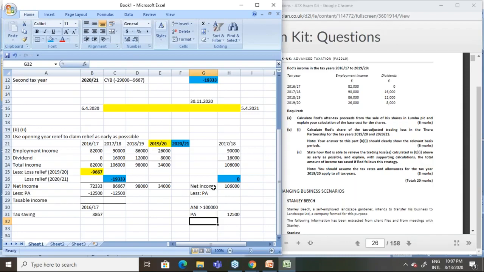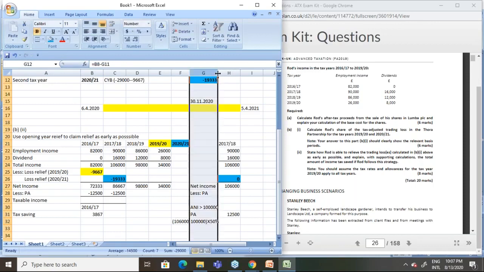In this question, we do not have those, therefore my adjusted net income is equivalent to net income, 106,000 pounds. 106,000 minus 100,000, which is fixed, multiplied by 50%.